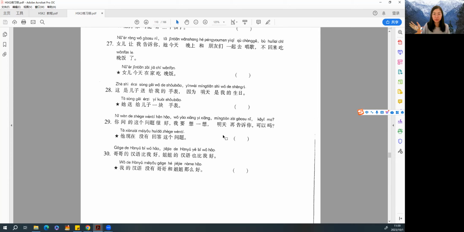He didn't answer the question immediately. In the understanding, 他现在没有回答这个问题。现在 is right now, 没有回答 is a negative, not answer, which is correct understanding. This is a tick.